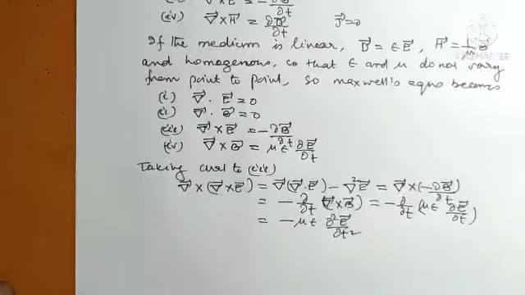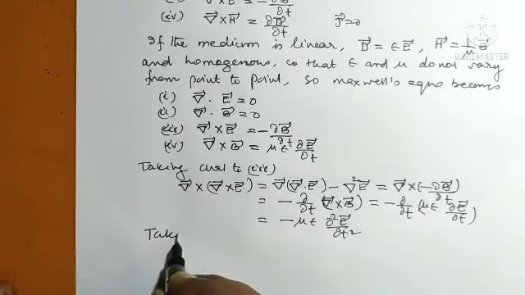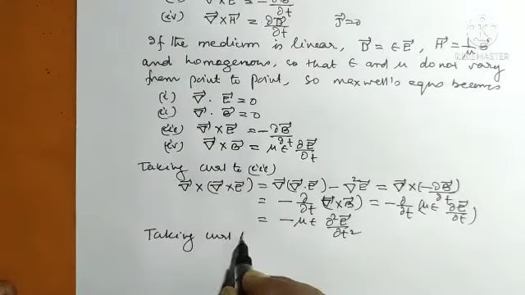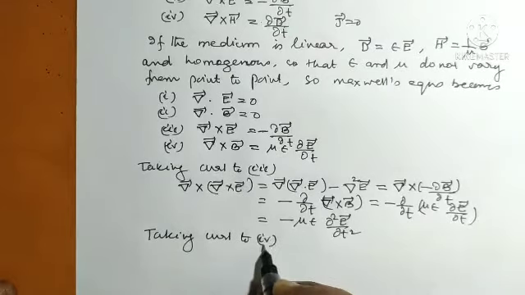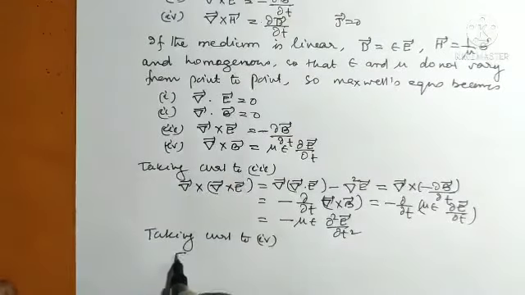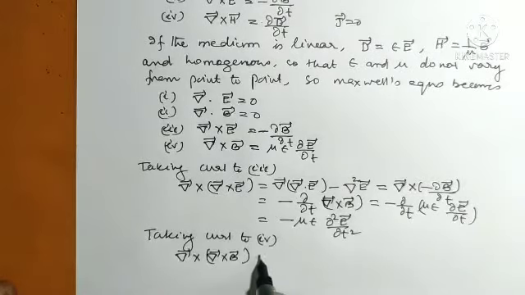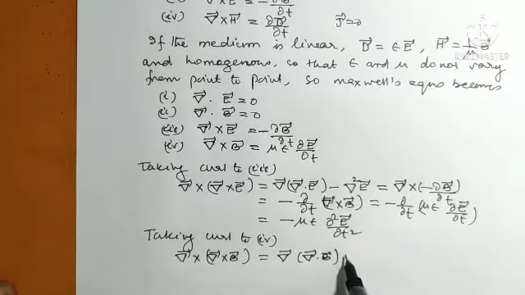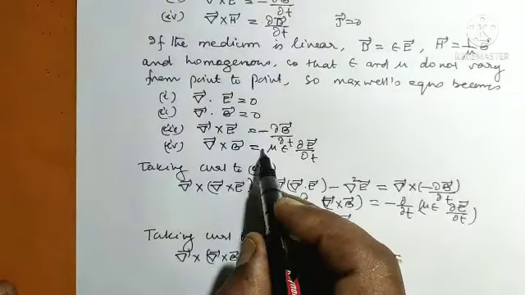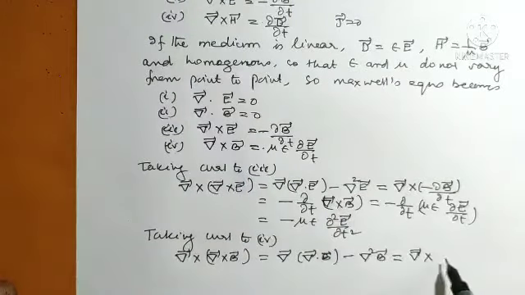Similarly, taking the curl of the fourth equation, that is del cross B, we get curl curl B equal to grad div B minus del square B, which is equal to, then on the right hand side, del cross mu epsilon del E by del t.